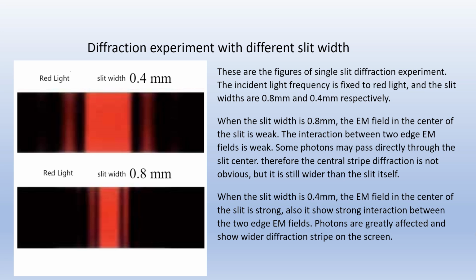Some photons may pass directly through the slit center. Therefore, the central stripe diffraction is not obvious, but it is still wider than the slit itself. When the slit width is 0.4 mm, the M field in the center of the slit is strong. Also, it shows strong interaction between the two edge M fields. Photons are greatly affected and show a wider diffraction stripe on the screen.